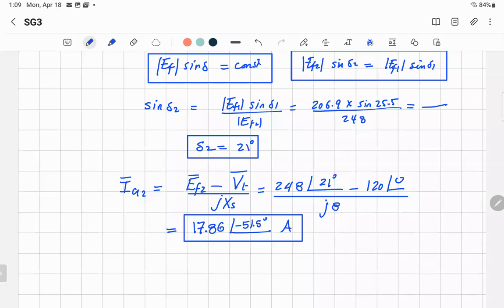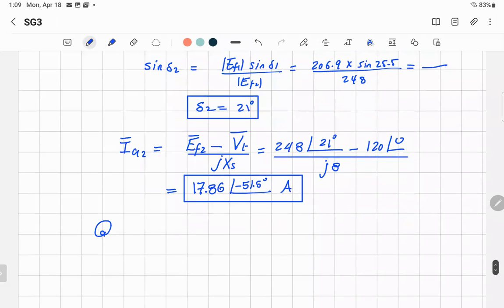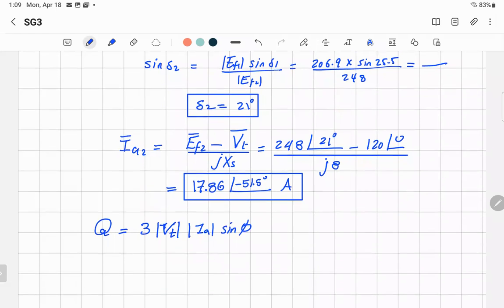Then the second question is to find the reactive power Q. How do you find Q? As I said before, you always have two formulas. The first one is 3 V terminal magnitude, IA magnitude, sine phi, where phi is the power factor angle.